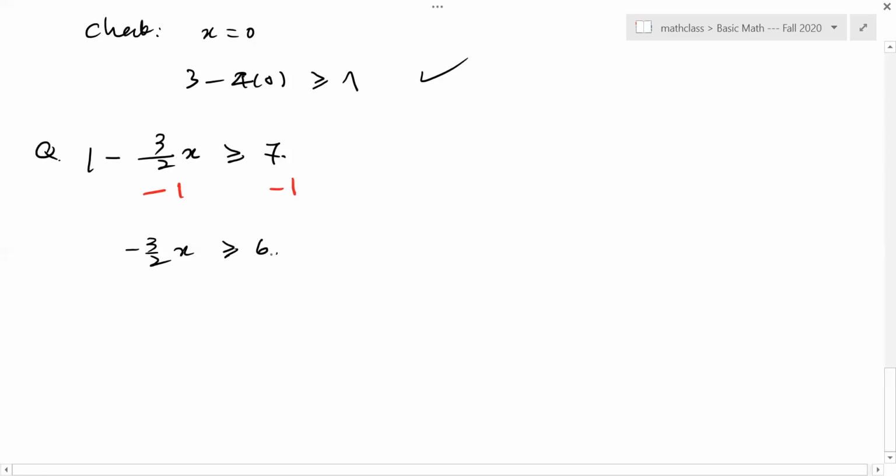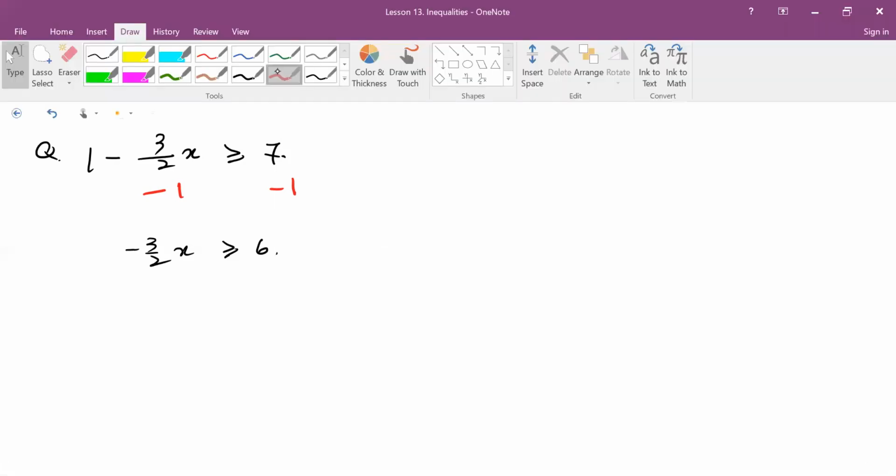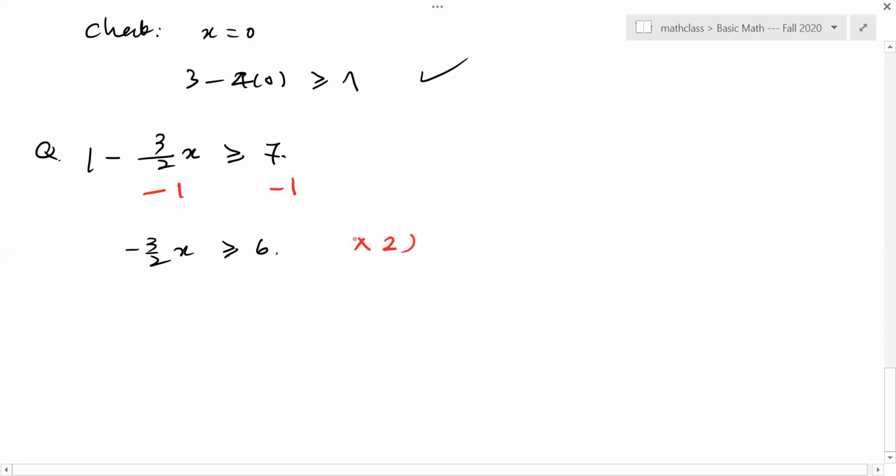Right. So now I can do two steps. One is step by step. I multiply by 2, right? Multiply by 2 each step. So then you get -3x. The left-hand side is greater than or equal to, because it's multiplied by positive numbers, so 12.